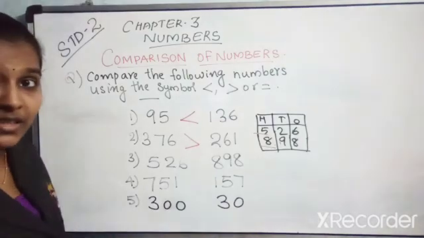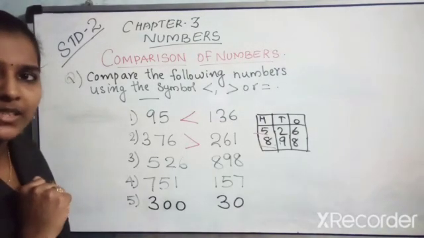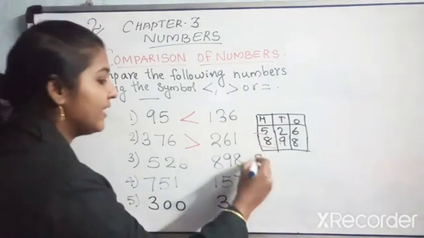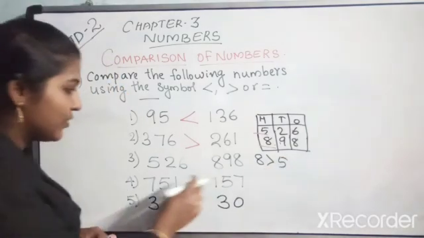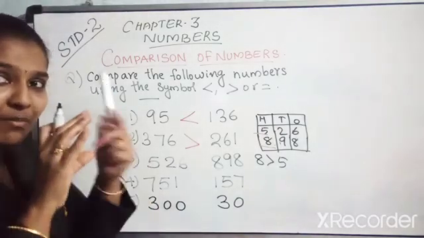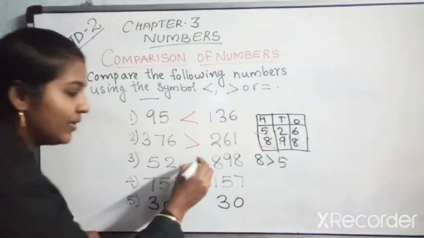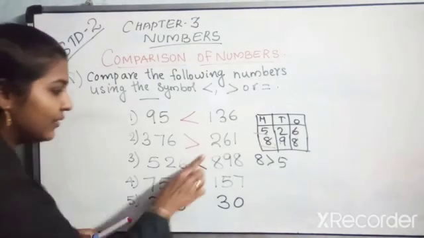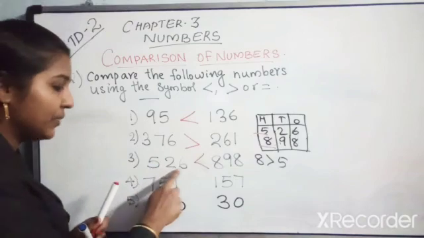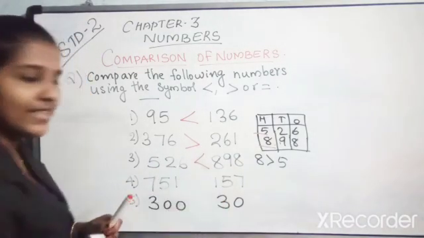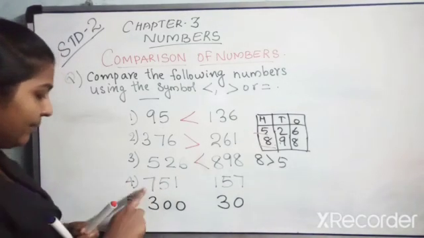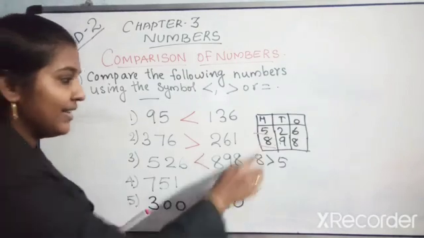Which is greater children? 5 or 8? 8 is greater. So we got 8 is greater than 5. So where is 8? 8 is here. So the mouth of the symbol will be open towards the larger number. So you can put the symbol like this, which shows 526 is less than 898. Got it?